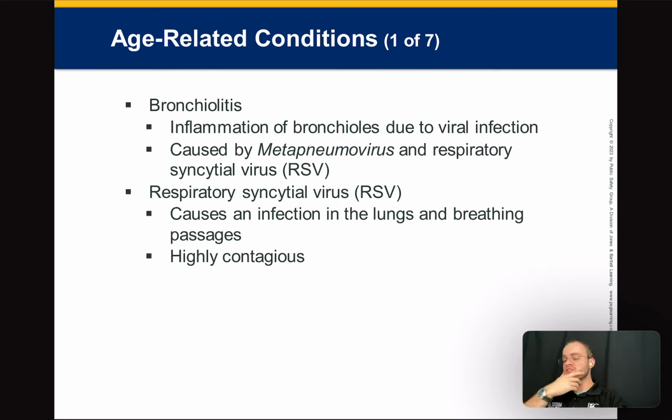They end up with a pretty severe infection and they end up with something called bronchiolitis. So the bronchioles will become inflamed. RSV stands for respiratory syncytial virus. So the syncytium of the respiratory system, or really any cell, is kind of like the webbing in between cells. And so the syncytium becomes inflamed.